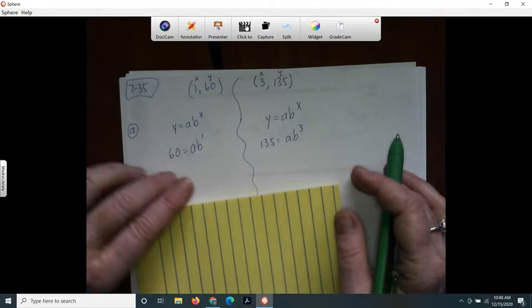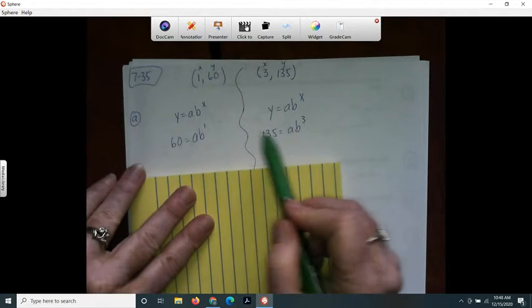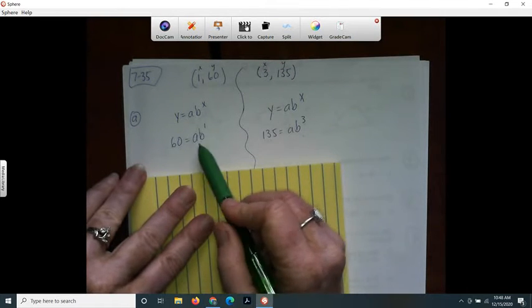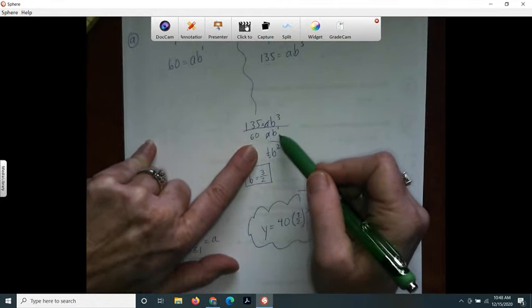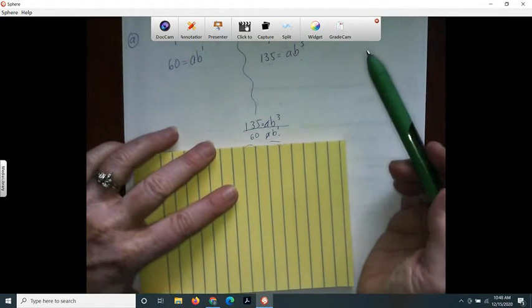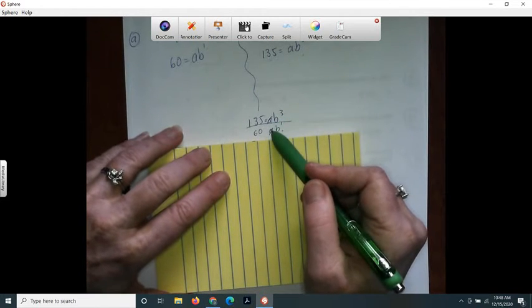So I divided the top equation by the bottom equation, and the a's will cancel out, which is nice.